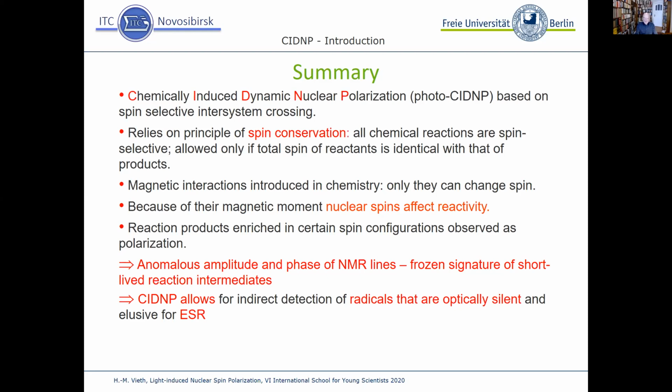From the NMR spectrum, we can trace back the properties of the intermediate species, which are maybe optically silent because they don't have a radiative channel, or the other possibility, we might see their spectrum in EPR, but EPR may be too insensitive because the intermediate radicals are just too short-lived.